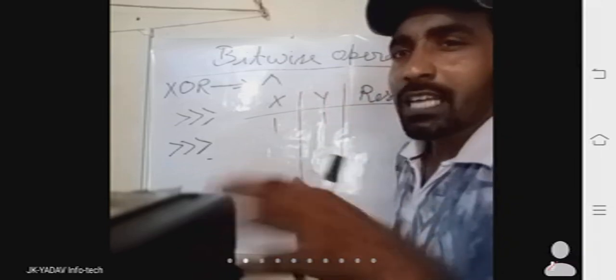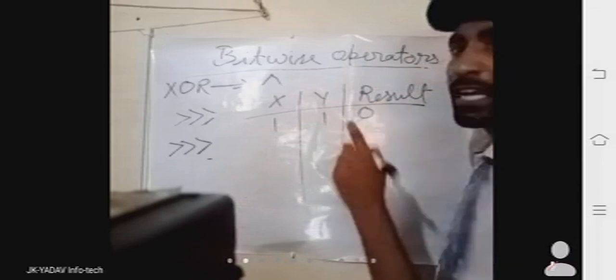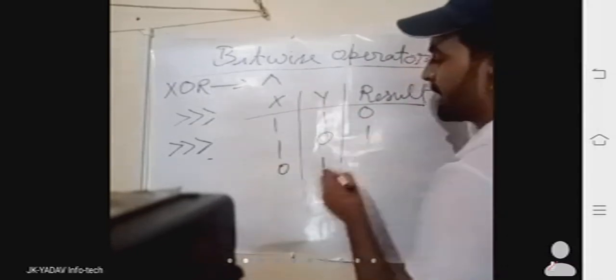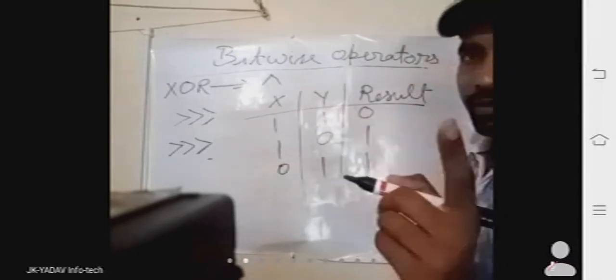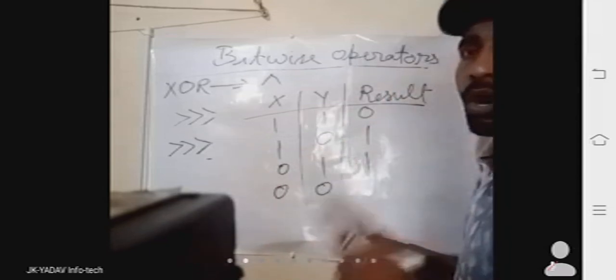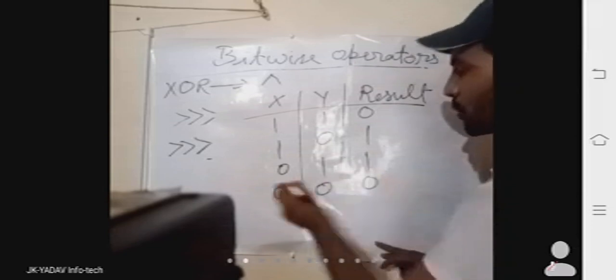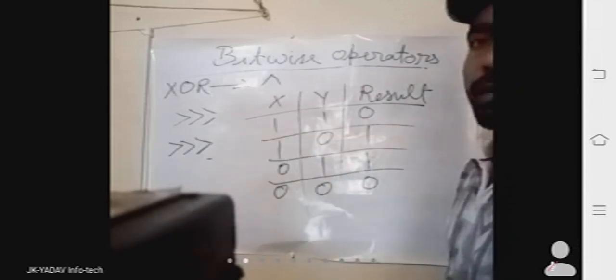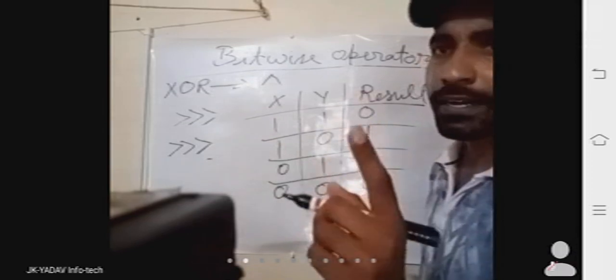Otherwise it will give 0. So 1 and 1 it will provide result as 0. 1 and 0 it will provide the result as 1. 0 and 1 it will provide the result as 1. And 0 and 0 it will provide result as 0. This is the rule of XOR.